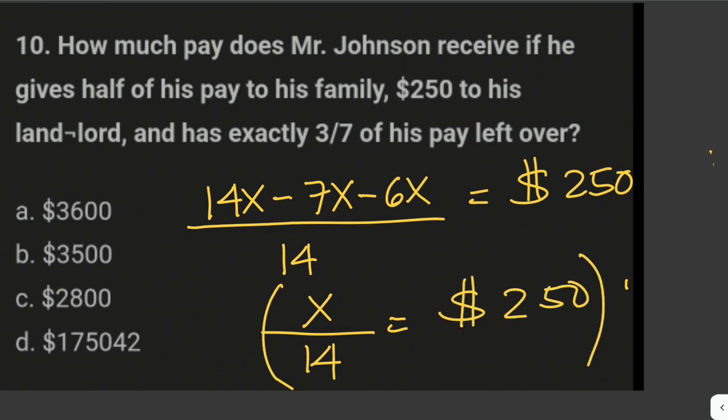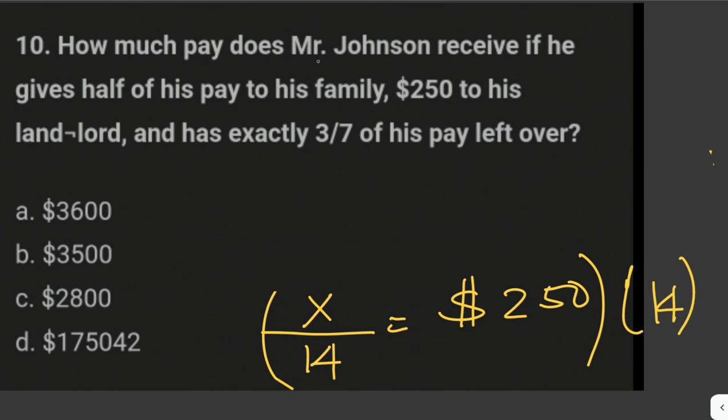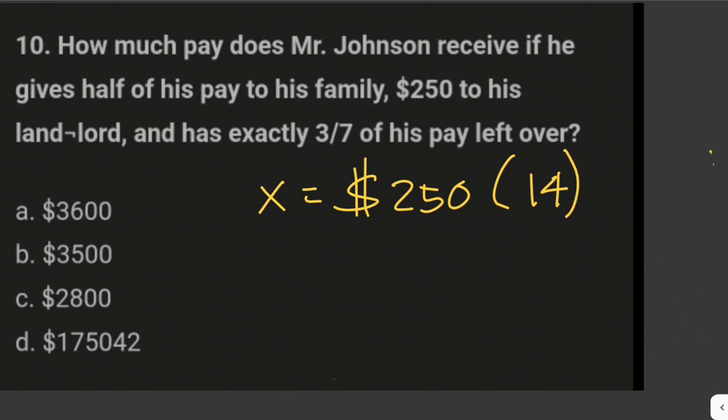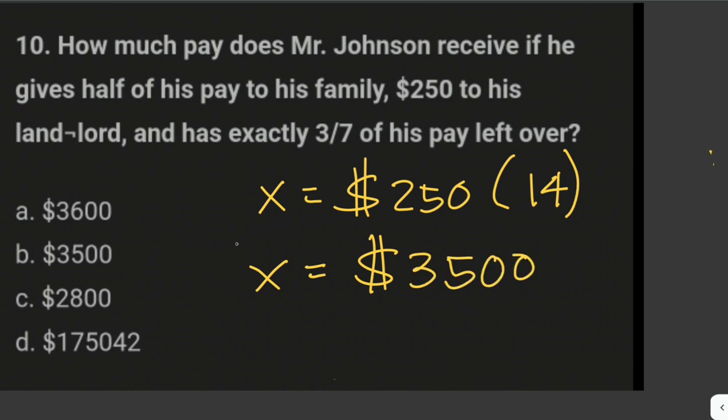So x over 14 equals $250. And then we multiply both sides by 14 to get rid of the 14 on the left. Then we have x is equal to 250 times 14, and this is just equal to $3,500.